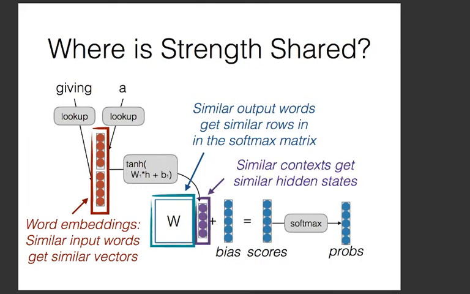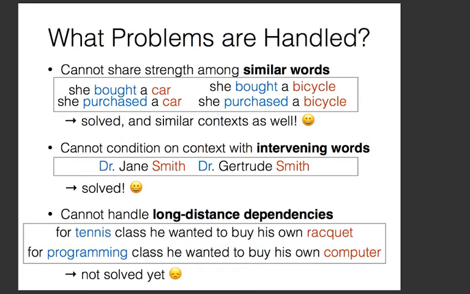And finally, similar contexts will get similar hidden states. Our neural network feature extractor will try to make these purple vectors similar if the context is similar and the words that will come next will be similar. So if we look at this, what problems are handled? Now we don't only share strength among similar words, we also share strength among similar contexts as well. So this is very useful.